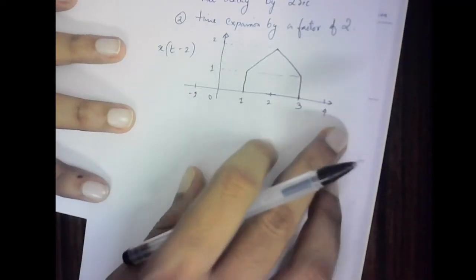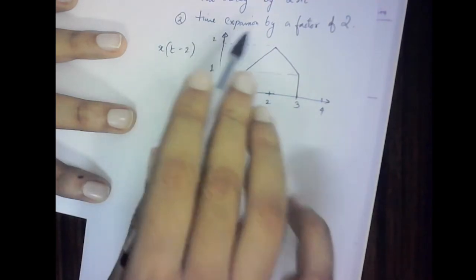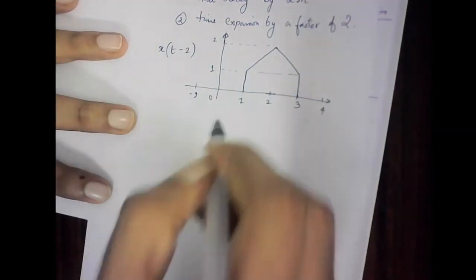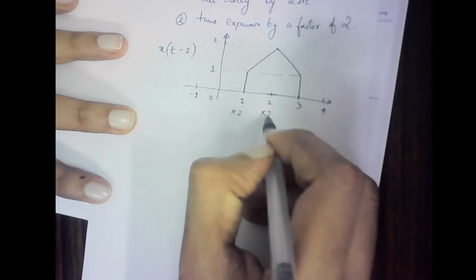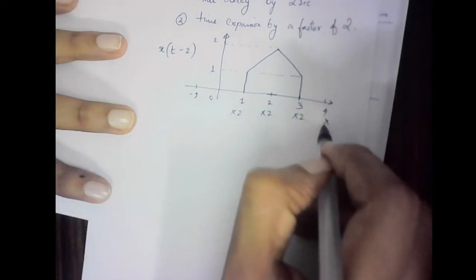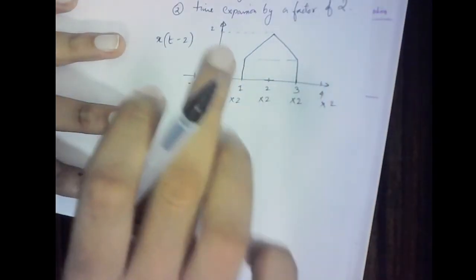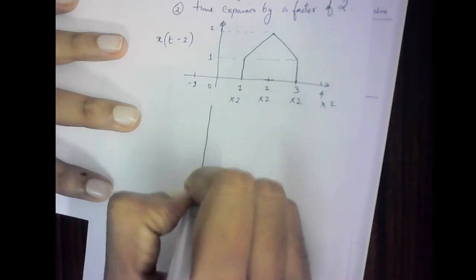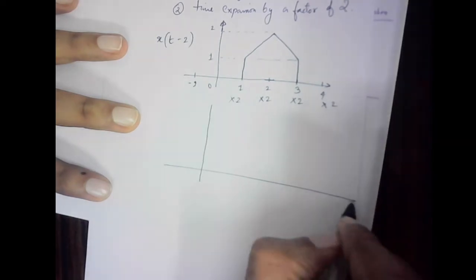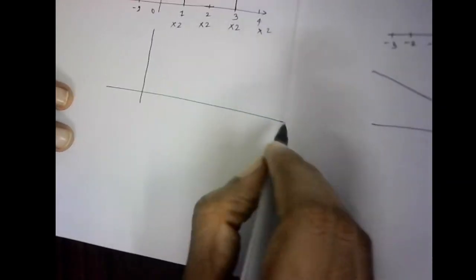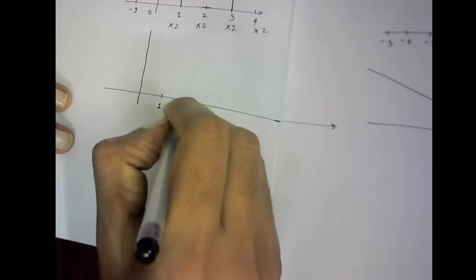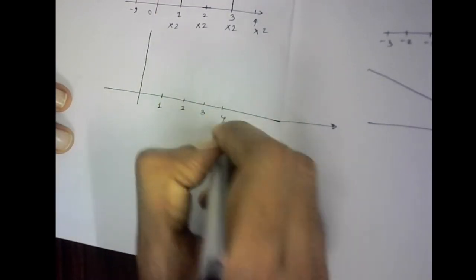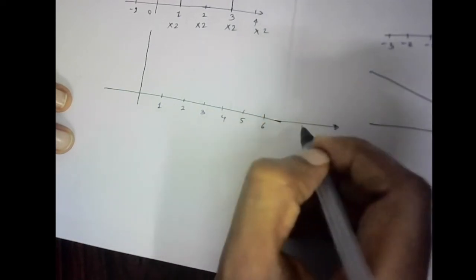So the next thing I need to do is time expansion by a factor of 2. So I need to multiply each of these by 2, so that I'll get the time expanded one. In order to do that, you need to extend this axis. So if this is 1, 2, 3, 4, 5, 6, you need to extend up till 6.